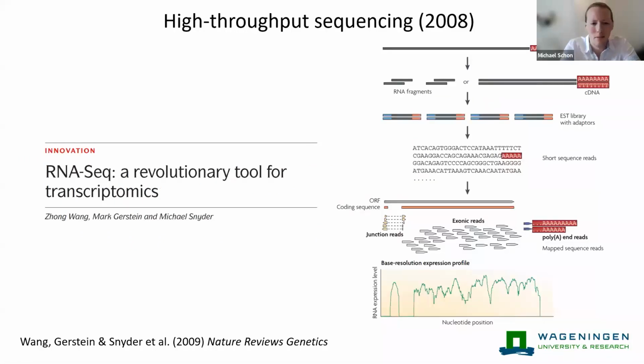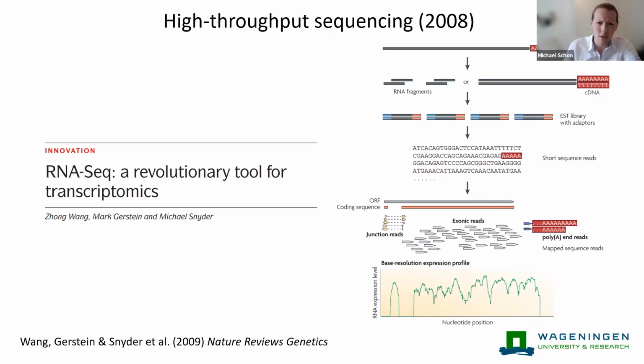But only a few years later, the technology developed where it was possible to, instead of sequencing, say, hundreds of nucleotides from a single clone, develop a highly multiplexed library of short cDNA reads.